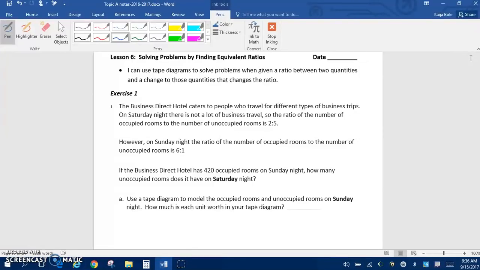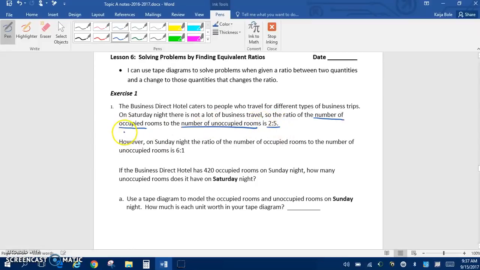So exercise 1 says the Business Direct Hotel caters to people who travel for different types of business trips. On Saturday night, there is not a lot of business travel, so the ratio of the number of occupied rooms to the number of unoccupied rooms is 2 to 5.